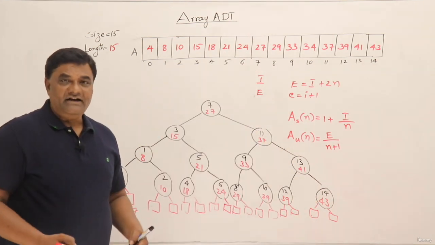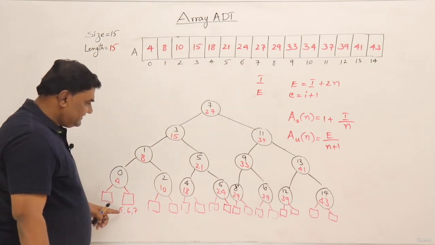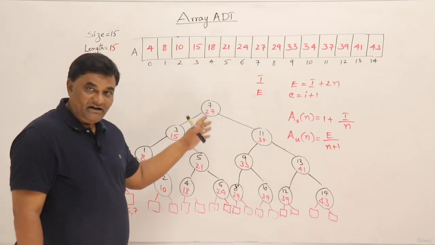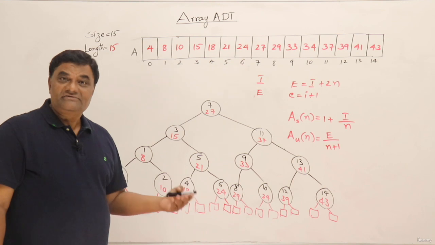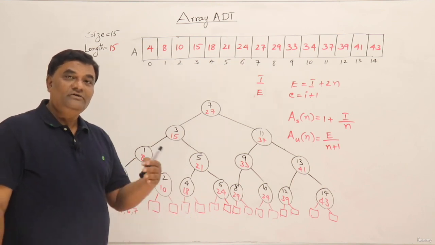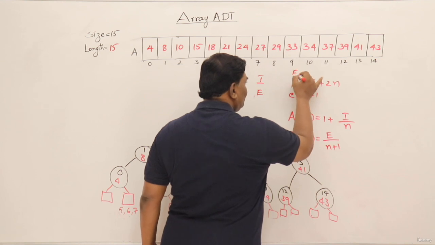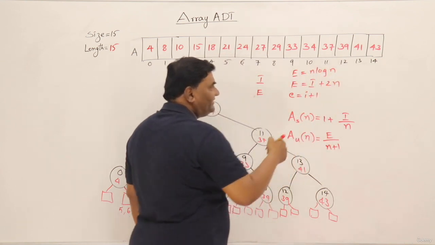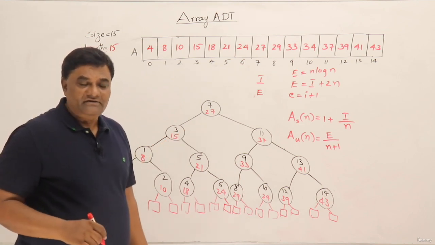Now there is one more fact that I have to highlight here: all these external nodes are at the same height. So I can take the path as log n. Total how many nodes? n plus 1. So n plus 1 into log n. So approximately E is equal to n log n, or (n plus 1) into log n, or else n log n.